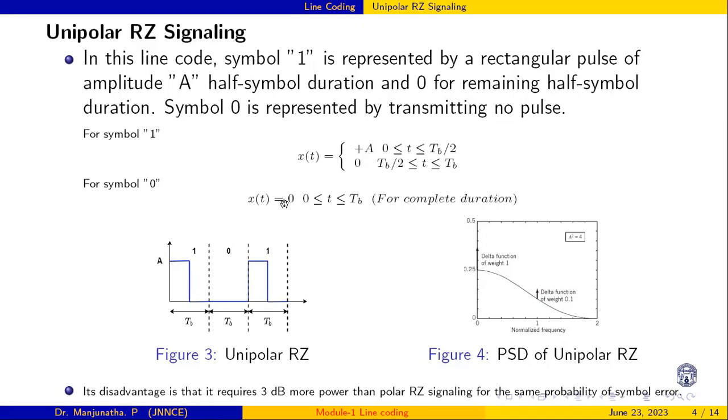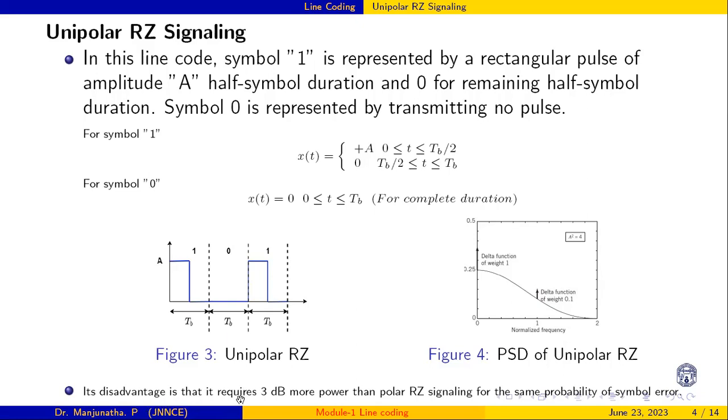For symbol 0, it is simply switched off, or 0. For 1, 0, 1, 1: half of the duration plus A, then 0; for 0, the entire duration is 0 again. And this is the plot of the power spectra.